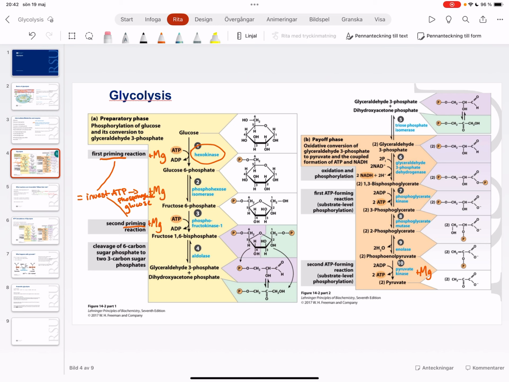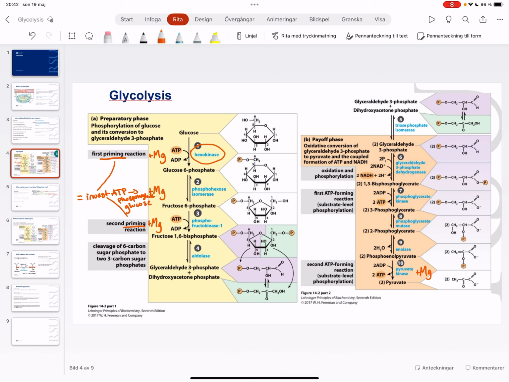So we actually use ATP in order to get ATP from glycolysis. In step number 1, that happens. This also makes the first step of glycolysis an irreversible step, and it's a rate-limiting step. So this step will determine how fast the reaction goes, or how fast glycolysis goes.